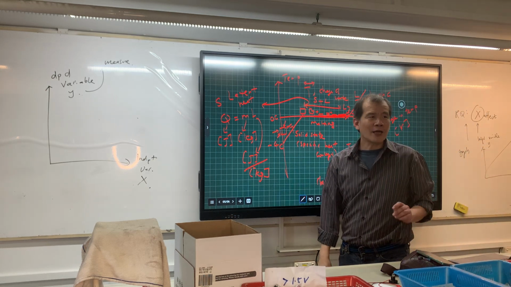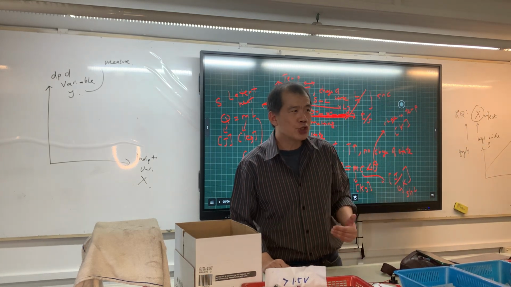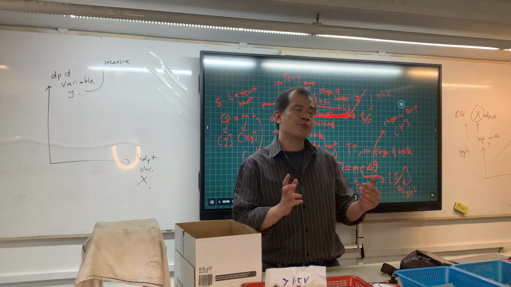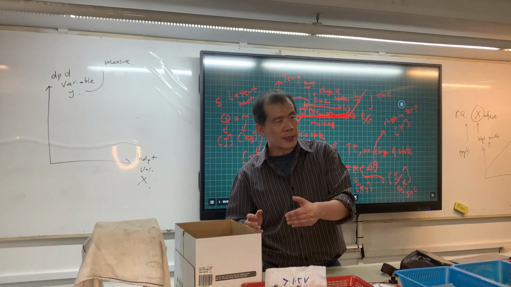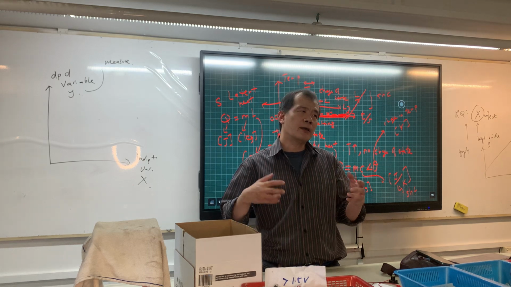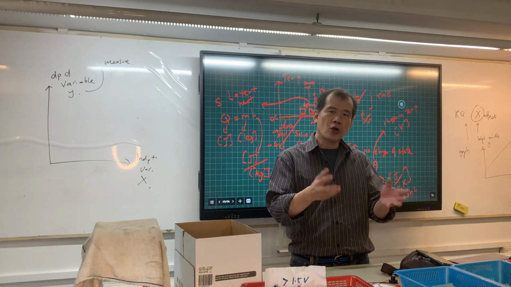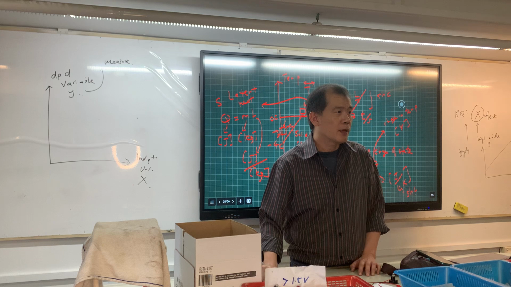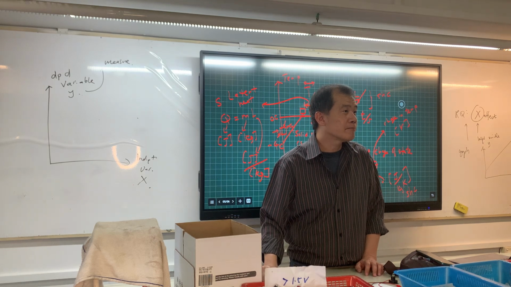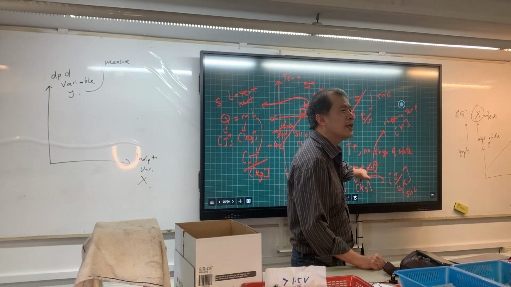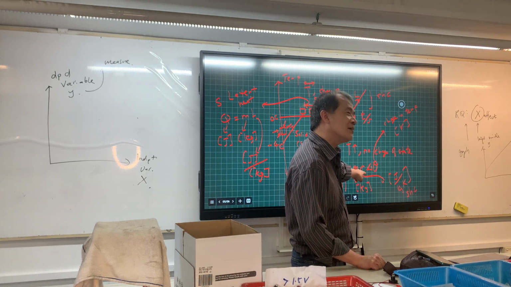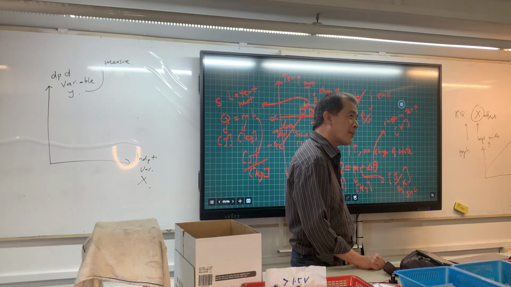So my definition for Q, heat energy, is linked to whether it is specific heat capacity or specific latent heat, or whether it's pure heating, where I give it some energy or take out some energy. C is your specific heat capacity. We will deal with more in the next slide.